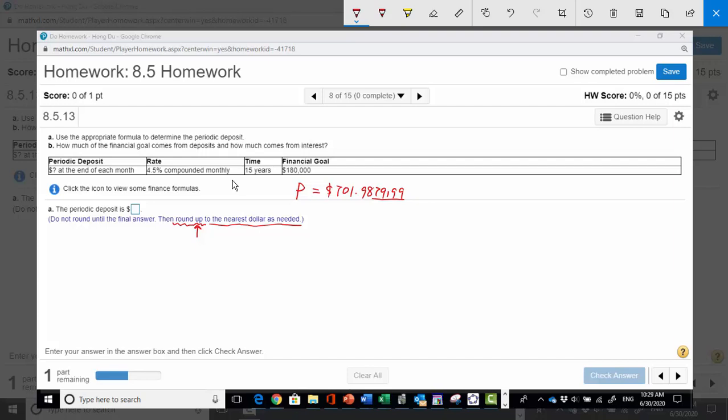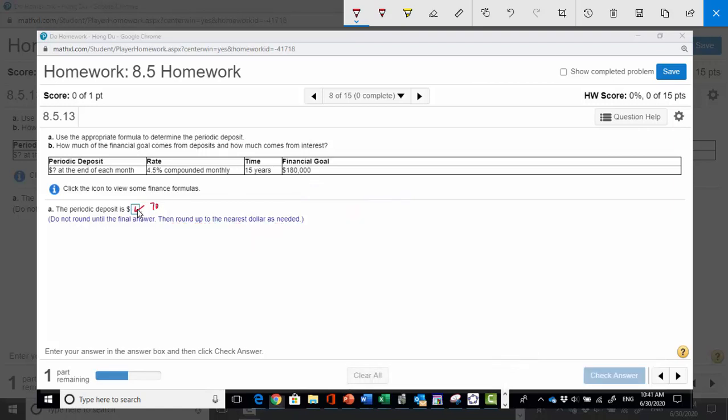Let's look at our number. We want to round to the nearest dollar, so the 1 is the dollar, and we look at the number next to it, the 9. In this particular case it doesn't make a difference. Round up to or round to, they both give us $702. So that is the answer that goes in here: $702.